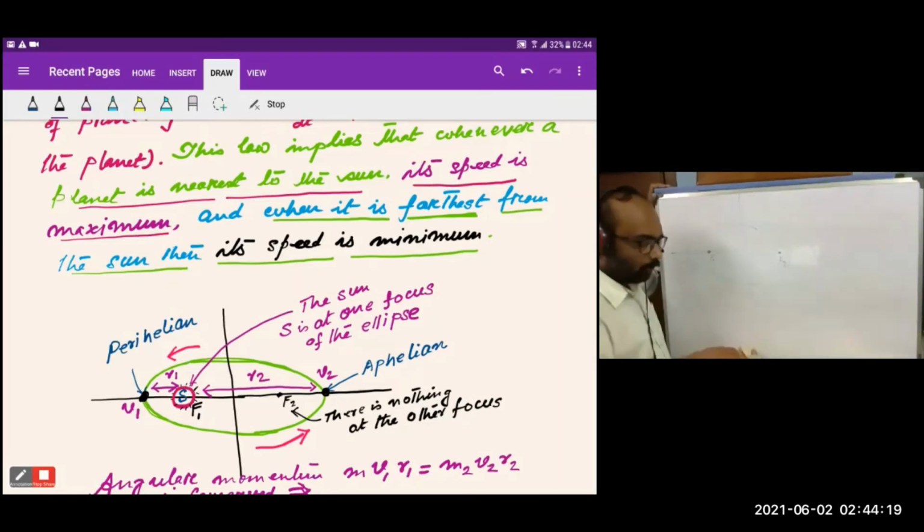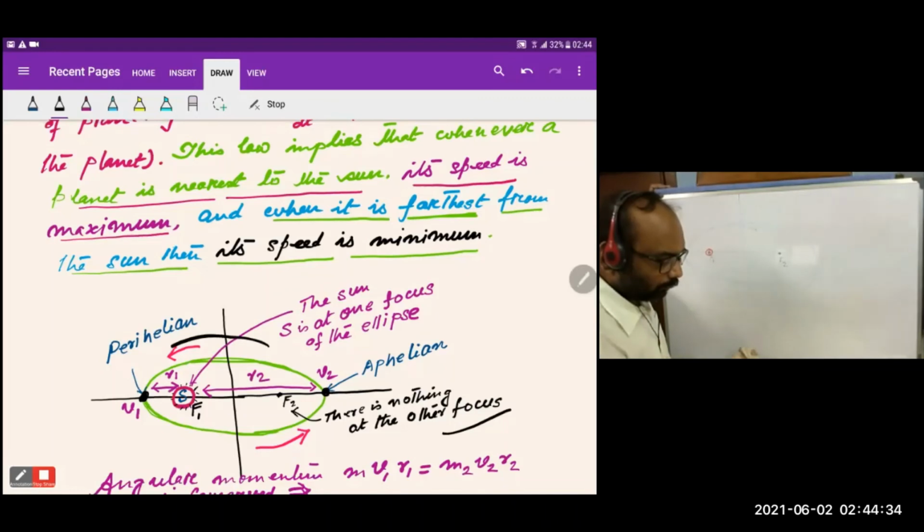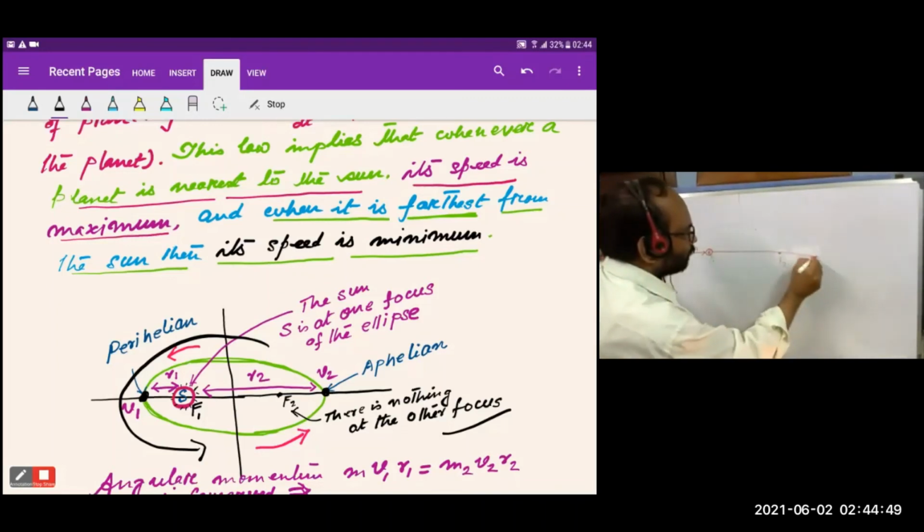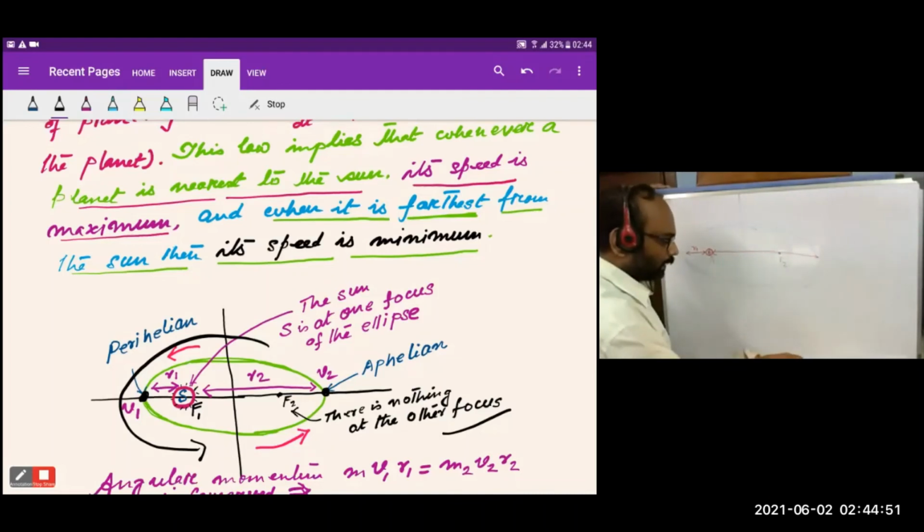There is nothing at the other focus, because my star is at focus F1 and F2 has nothing. The planet is moving like this. When it is closest to the star or sun, the distance is r1, and when it is farthest, the distance is r2.